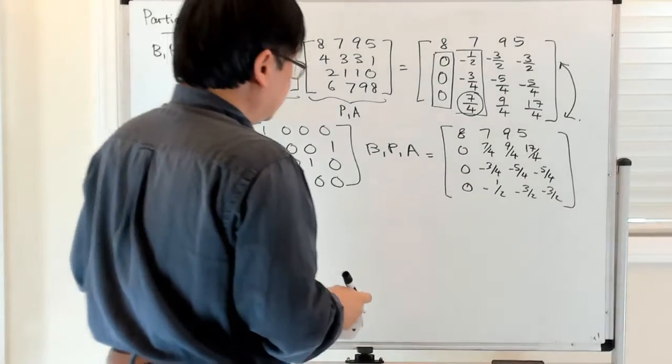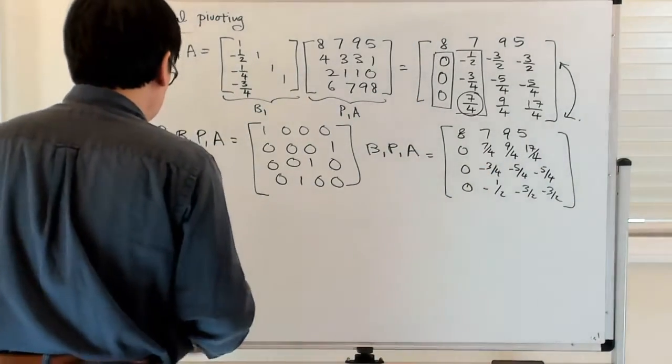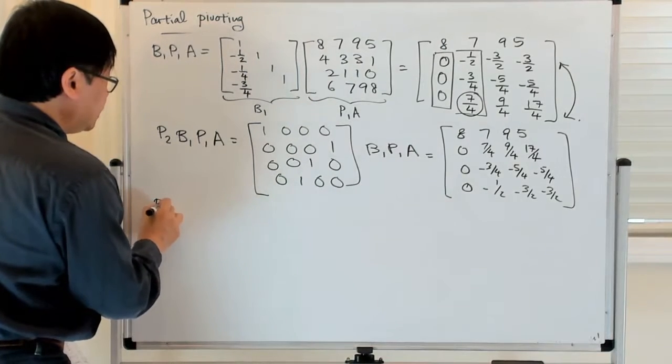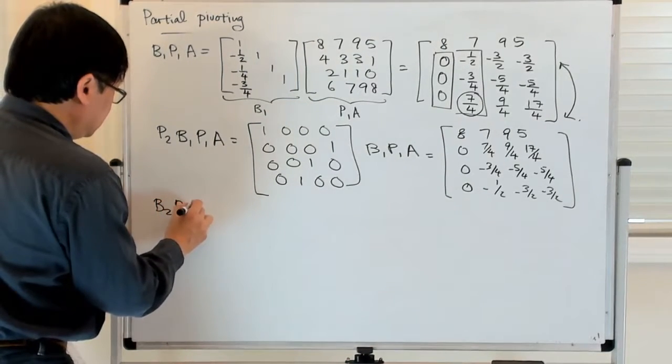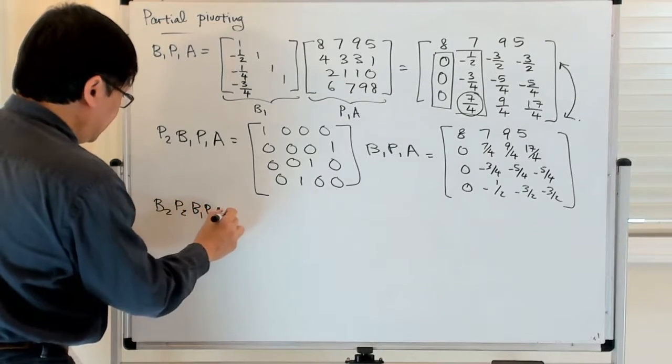Okay, so now I'm using this to zero out these two entries. So that is B2, P2, P1, B1, P1A.